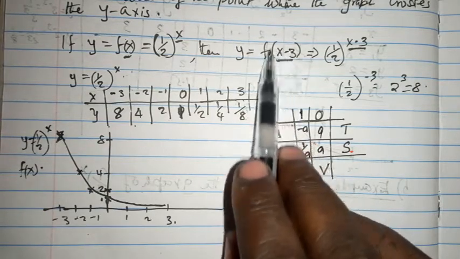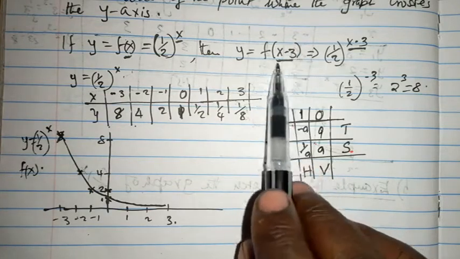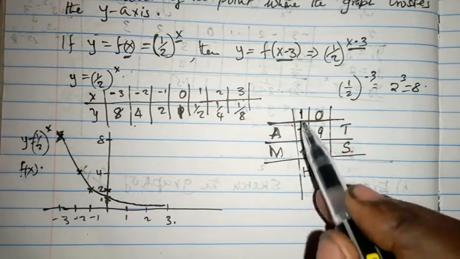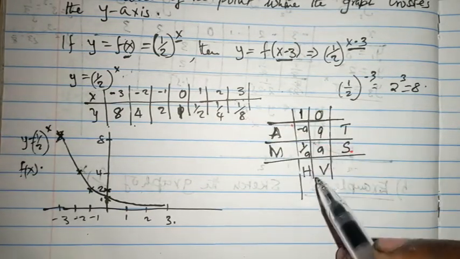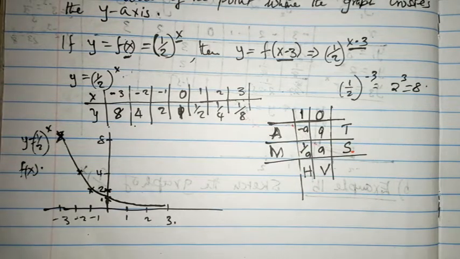This is basically addition inside the bracket. Addition inside is a horizontal translation of negative a steps.